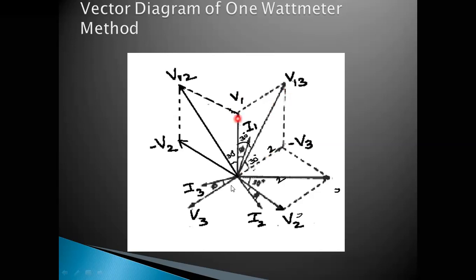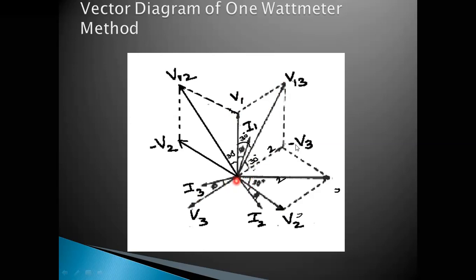So V1 and minus V3, the resultant vector. Here this should be our V13, because the phase angle between V1 and minus V3, this whole angle, is going to be 60. How 60? We know that the angle between V1 and V2 is 120. Angle between V2 and V3 is 120.